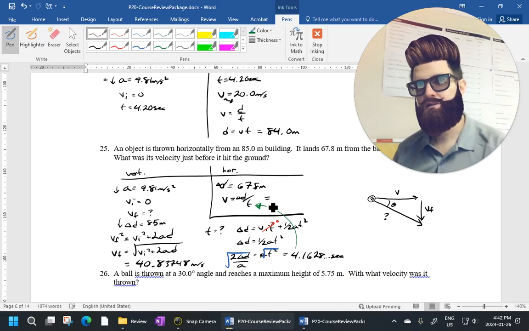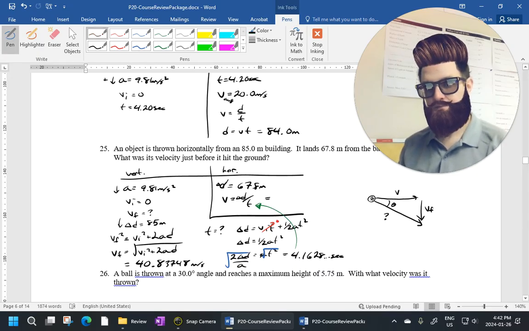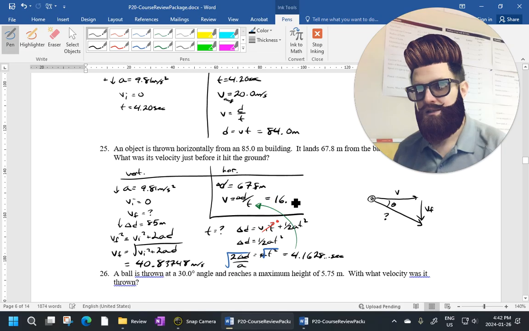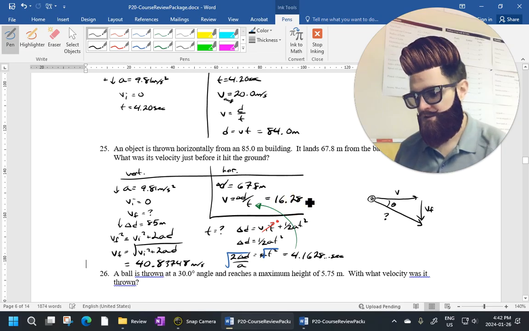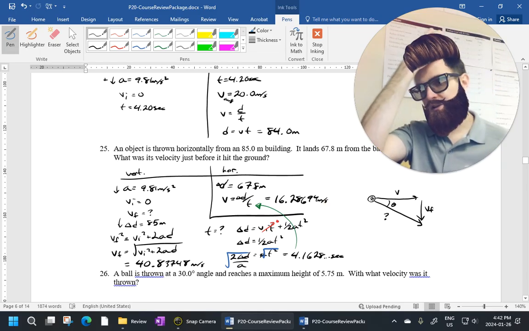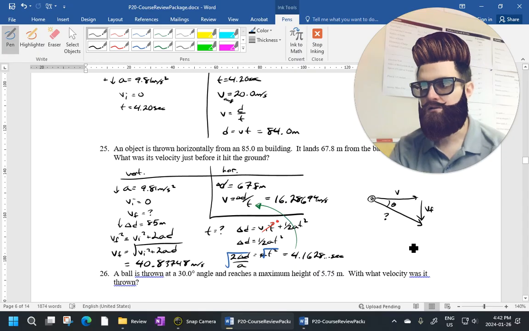Find out how fast this is moving horizontally. What about my time? So horizontally it's traveling 16.28694 meters per second. Okay, so now we have the two pieces I need for my triangle over here.